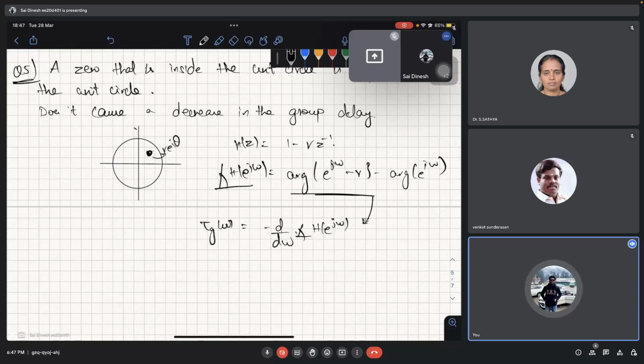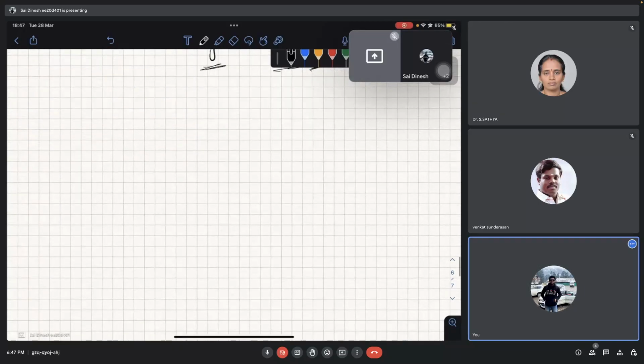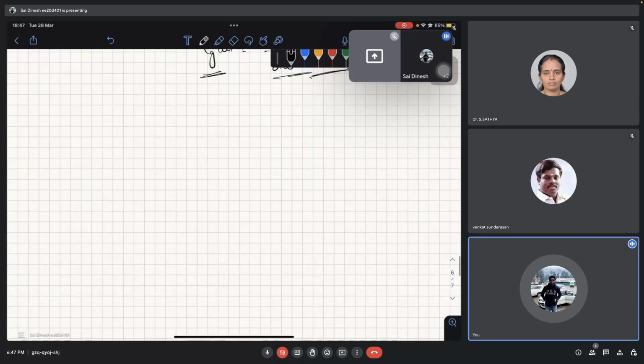So when we have a system with a particular phase response, we need to find the group delay by differentiating that phase response, and see if it decreases or increases. The solution is there in the notes, if you see, right?